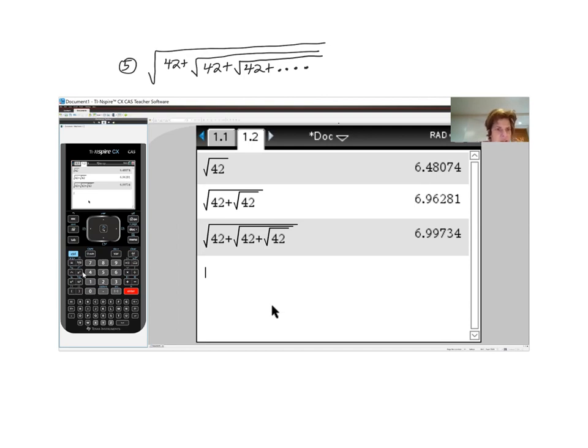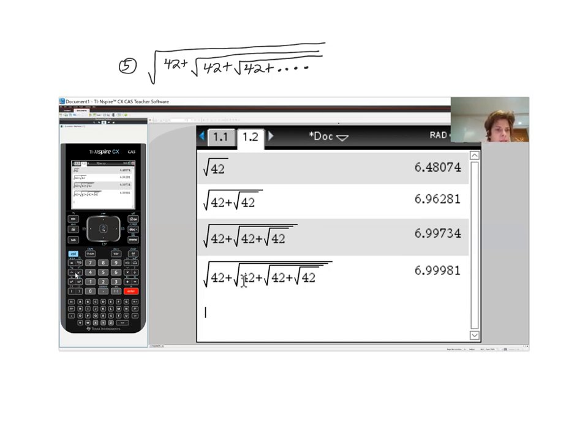Let's see now if we do this a few more times. So control square root 42 plus enter. And now let's see what we get. So we see that this is slightly increasing, not as quickly as the others, but slightly increasing in the tenth, hundredths, thousandths place.